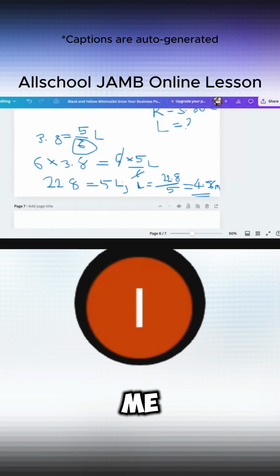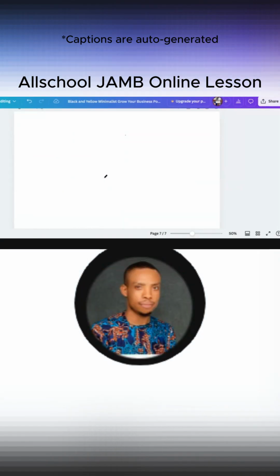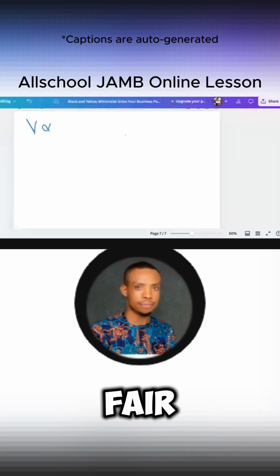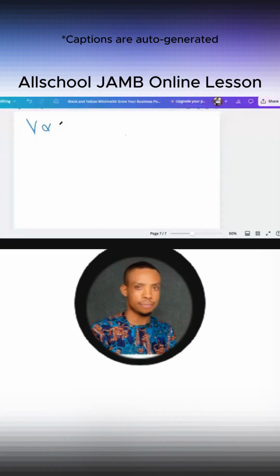Yes, sir. Now let me use this page answer. Let me read the question. It's of a sphere. Let's use this volume directly as the cube of the radius.